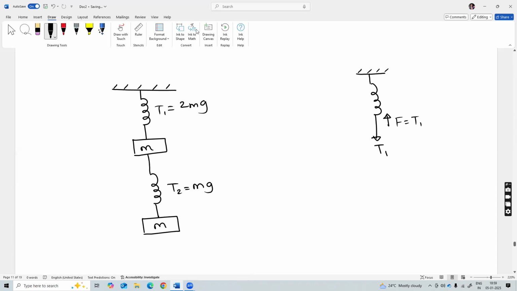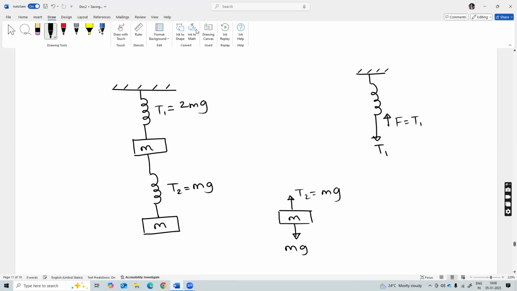Now if you consider the free body diagram of this mass m, it is not moving in any direction. So mg is acting downwards, and T2 is acting in this direction on this mass, and it is equal to mg.